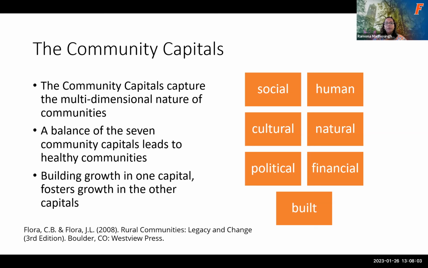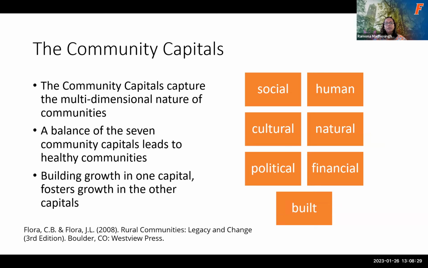So community capitals, there are 7 of them. You see them in those 7 boxes on the slide. They really look at the multidimensional nature of communities, and a balance of all of those capitals, meaning that you have representation in each of those 7 capitals, allows us to understand that the community is working well together. There is a lot of cohesion. There is a lot of expansion and development in each of the capitals.